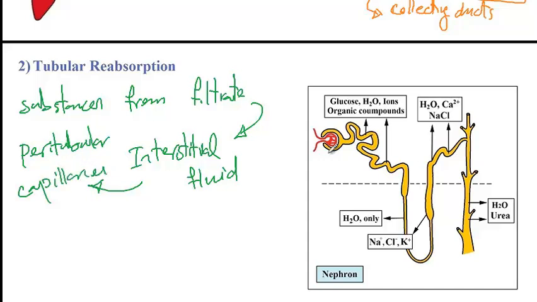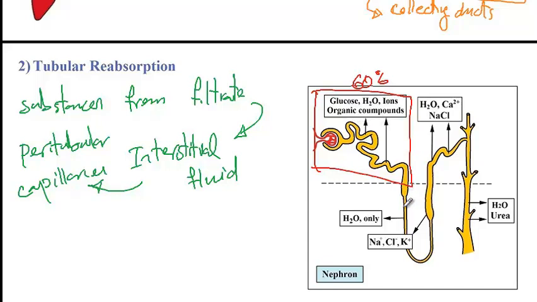And most of the reabsorption process, in fact 60% of the reabsorption that happens in the nephrons, happens in the proximal convoluted tubule. And the compounds that are getting reabsorbed here include glucose, water, other ions, as well as organic compounds.